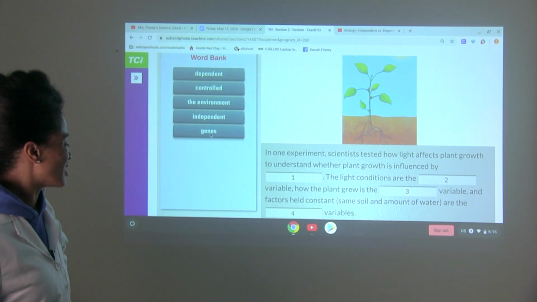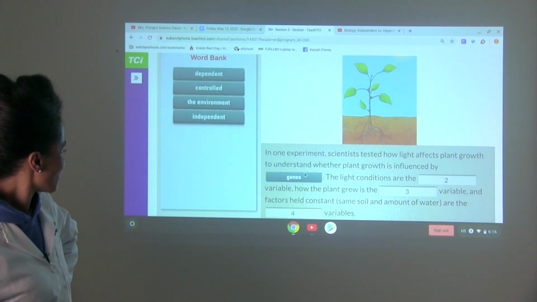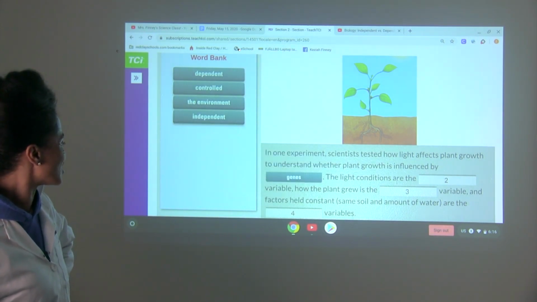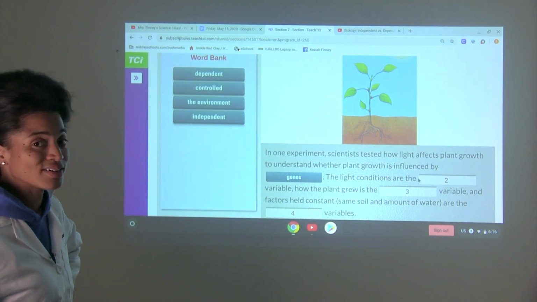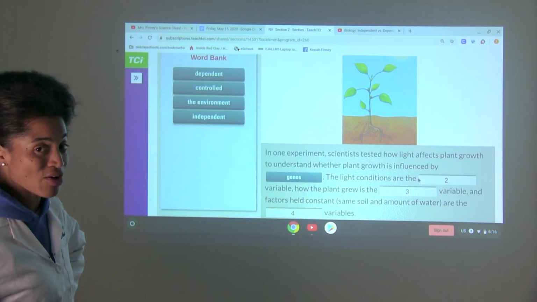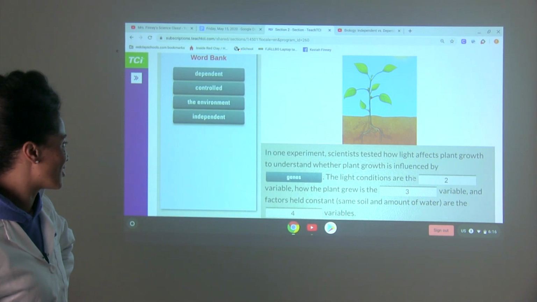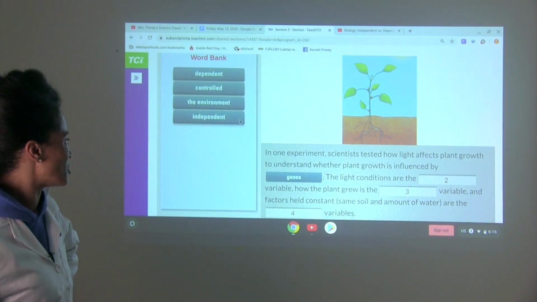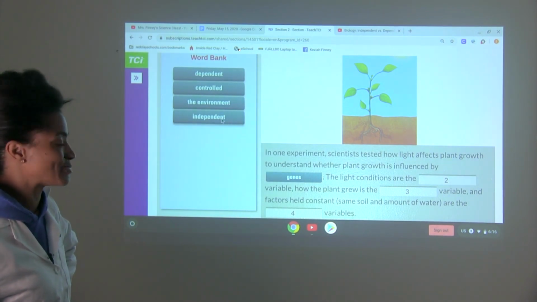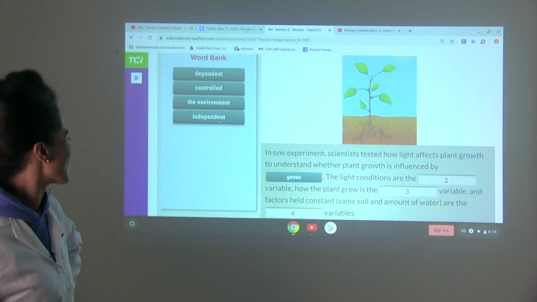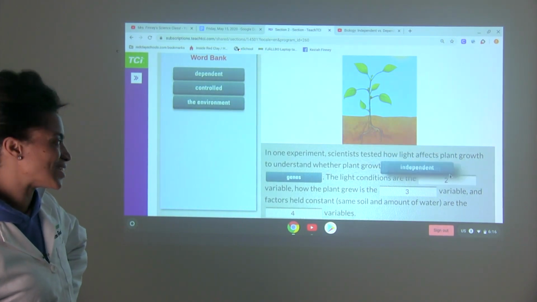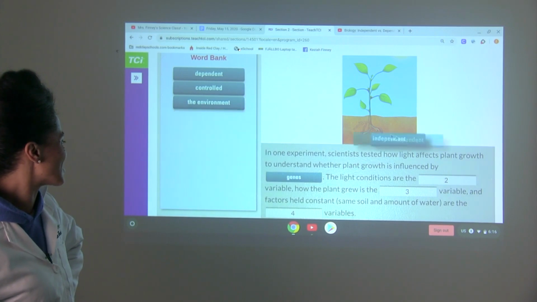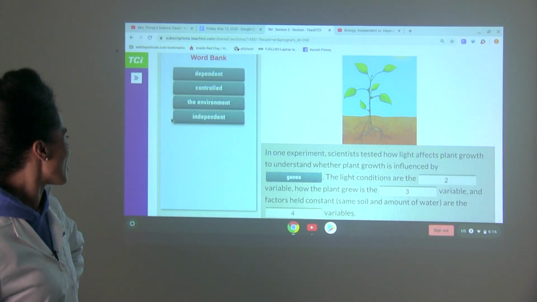Genes? Okay. The light conditions are the, do you want to say dependent or independent variable? All right, let's try it. Let's try independent. We'll see. Come on over.